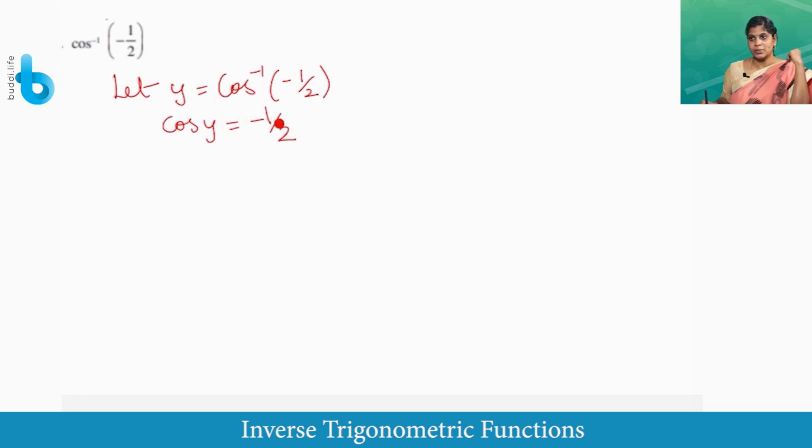So, when will my cos value be 1 by 2? What is the theta value? Which is pi by 3, right? So, minus cos of pi by 3 is 1 by 2. So, cos y equal to minus cos of pi by 3.